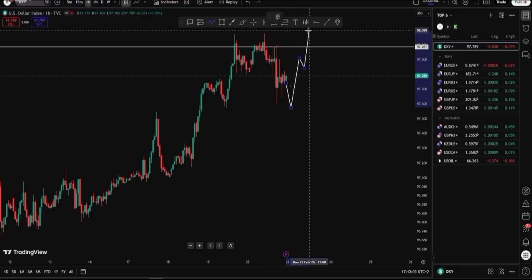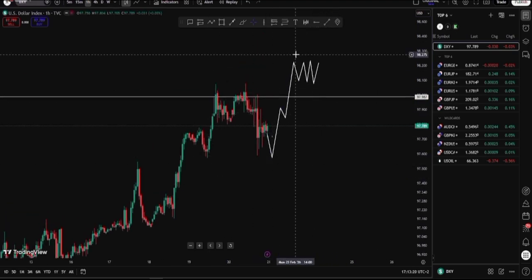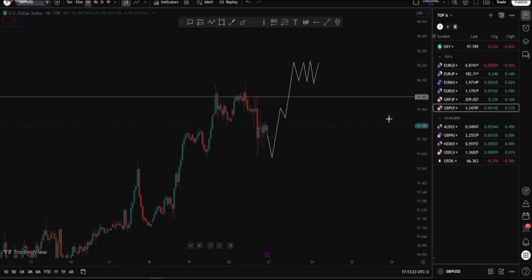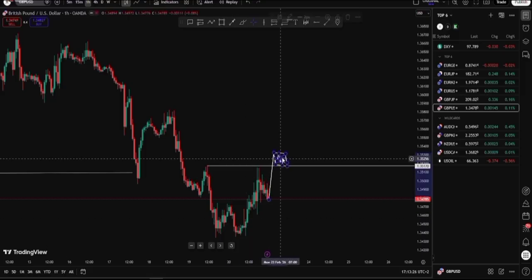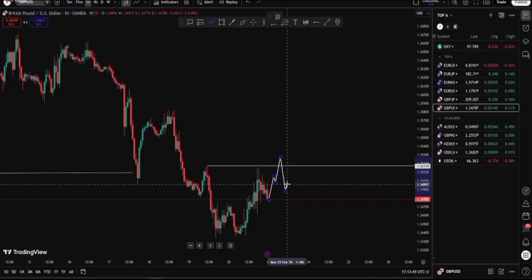But if the DXY behaves in this way, it goes to the upside instead of the downside, we have an impulse move and form a correction to the upside, then the GBPUSD will behave in an opposite manner, meaning we won't have this. Instead, what we actually have is a tiny impulse to break that point there and then break back in.